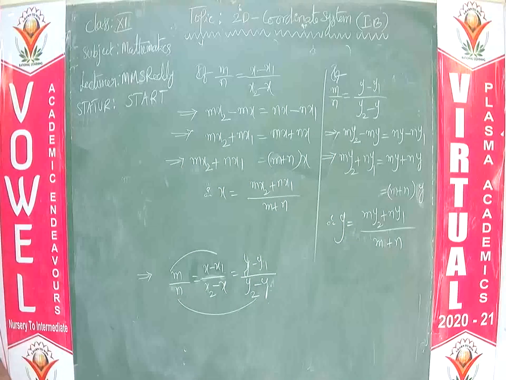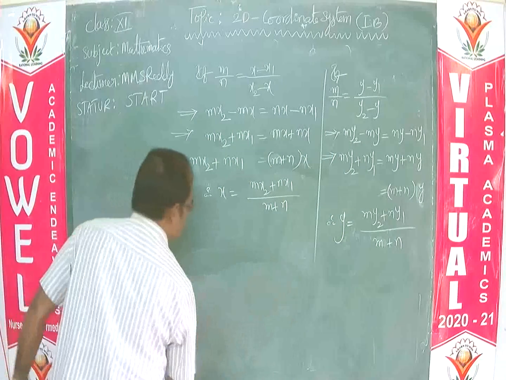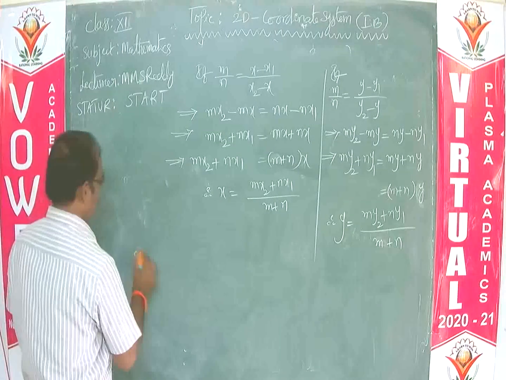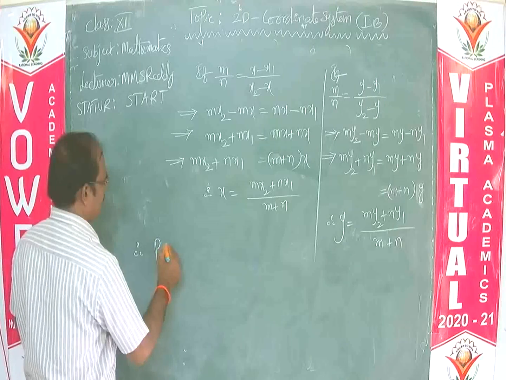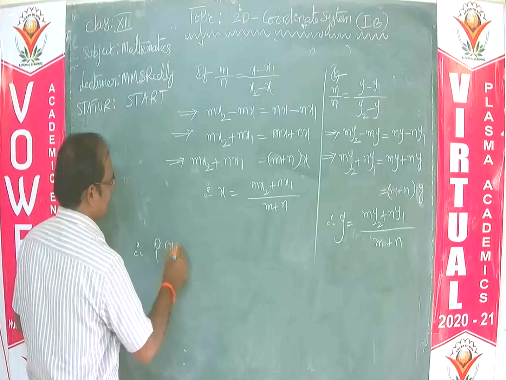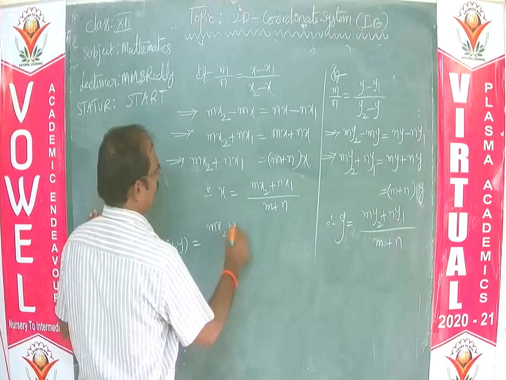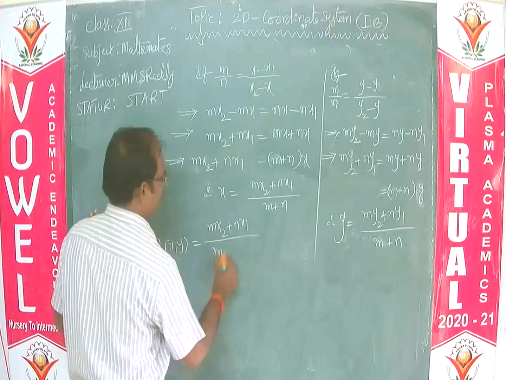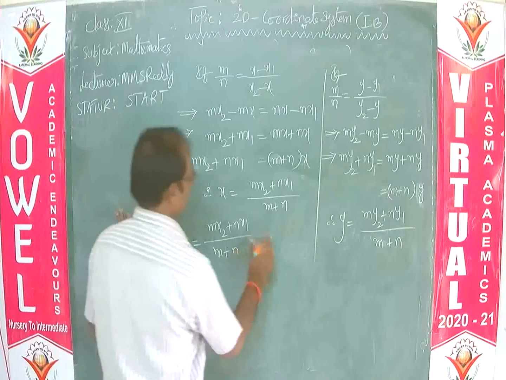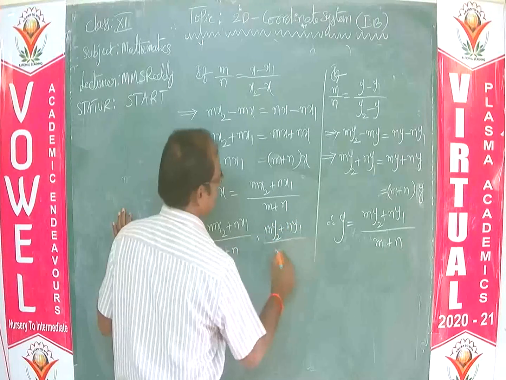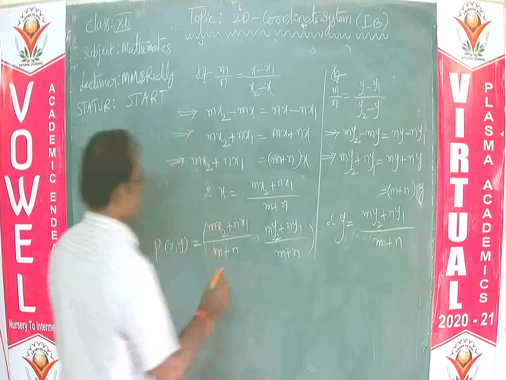Therefore the coordinates of the point P(x, y) is ((mx2 plus nx1) by (m plus n), (my2 plus ny1) by (m plus n)).